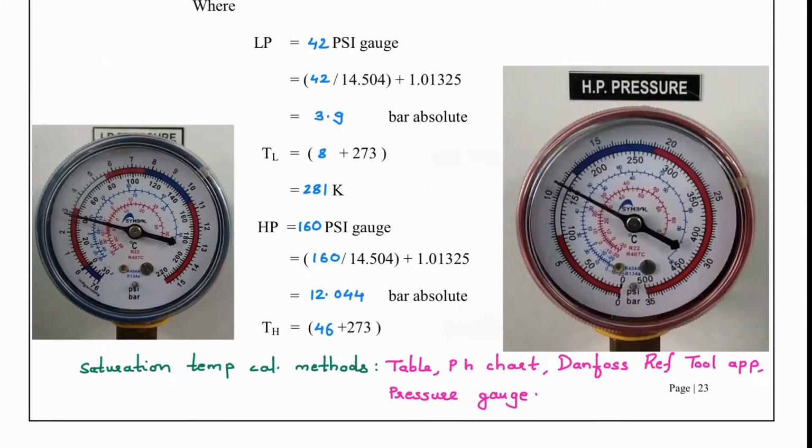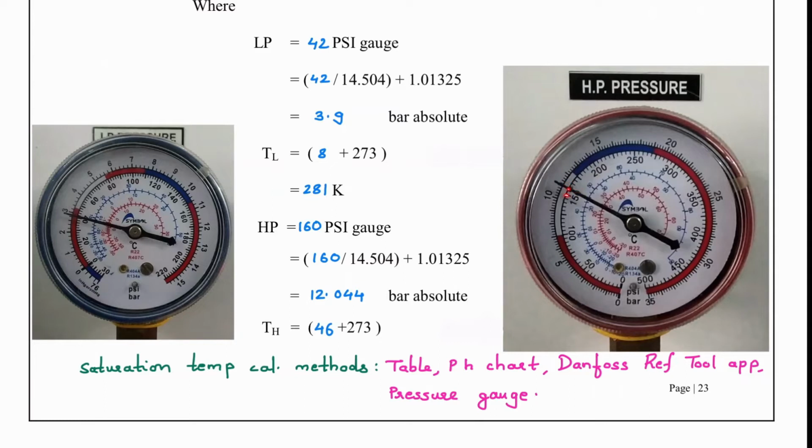Just observe, on the right side we have the high pressure gauge and on the left side we have the low pressure gauge. The high pressure gauge is red in color, the low pressure gauge is blue. Now observe this inner scale, this scale is psi and the outer scale is bar. So we will read the value of the inner scale.